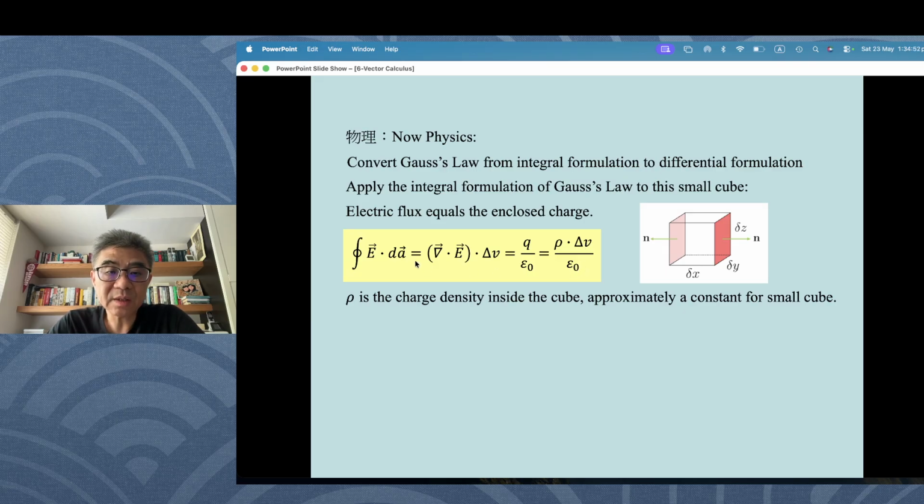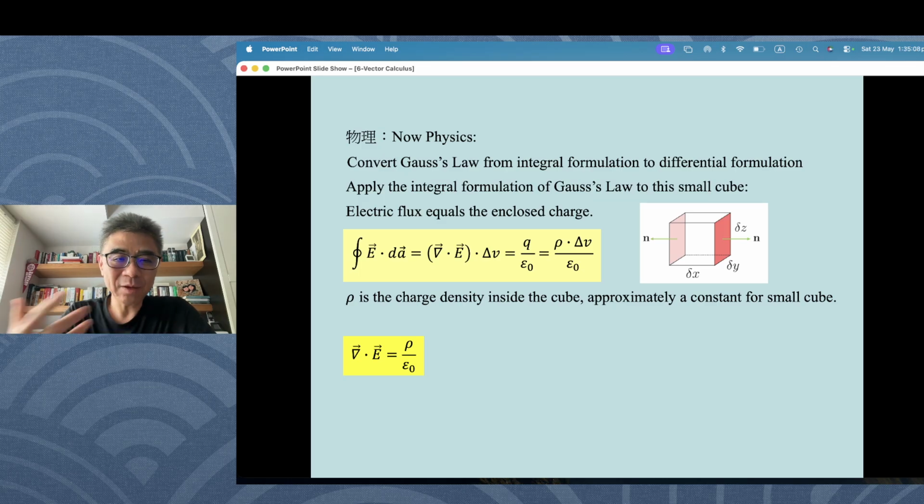If you connect the term here and the term here, you can easily observe that the divergence of E is equal to rho over epsilon 0. It's simple. If I put it in language, we have already proven that the divergence is the electric flux per unit volume.